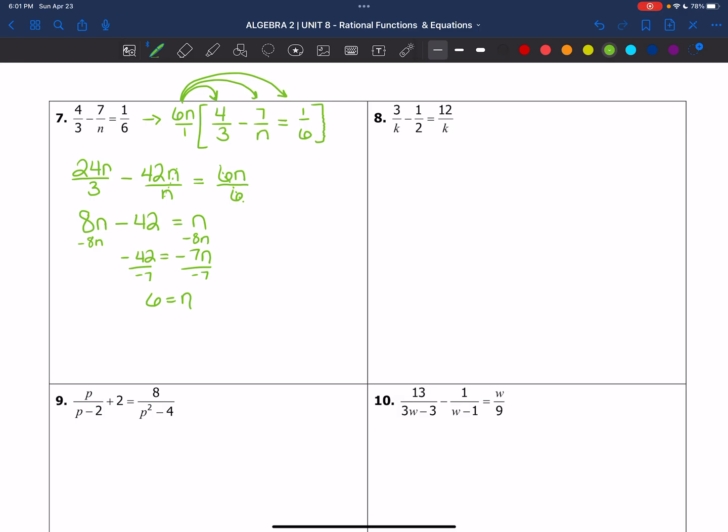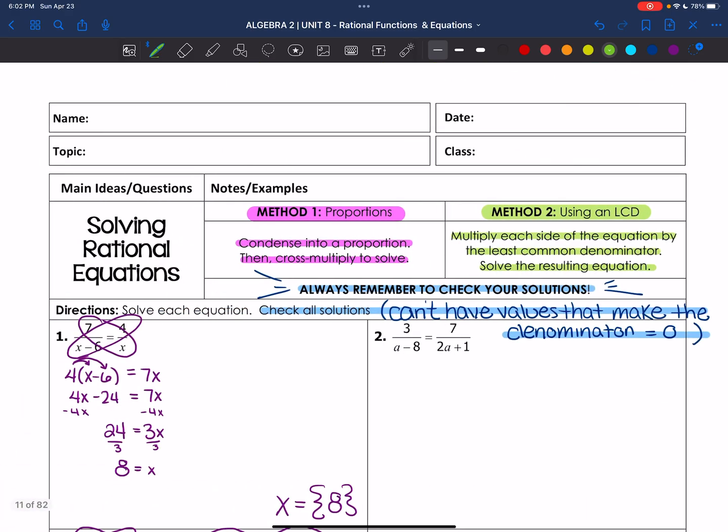And is it okay if I plug that 6 in right here, the only place where there is an n in the denominator? Yeah, no problem. I can have a 6 in my denominator. Absolutely. So our solution is 6. Voila, that is all. That is using the least common denominator methodology.